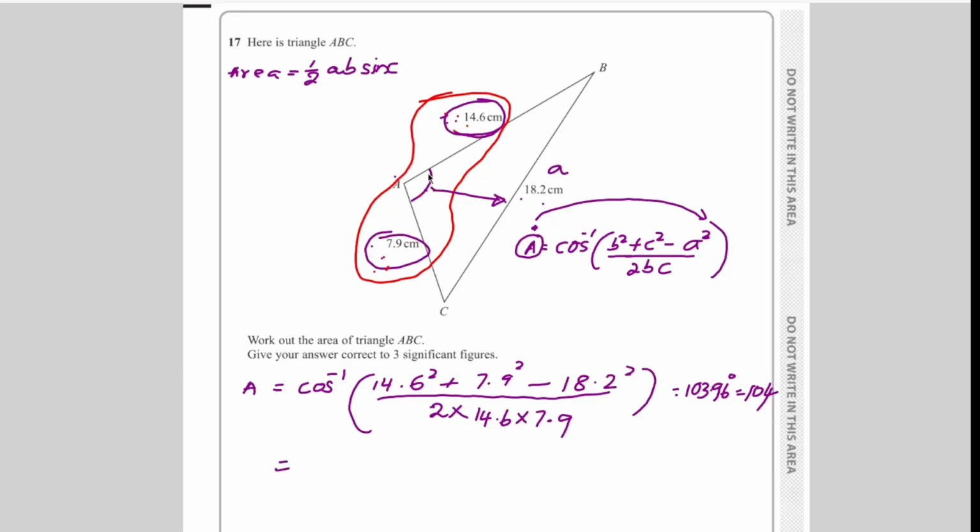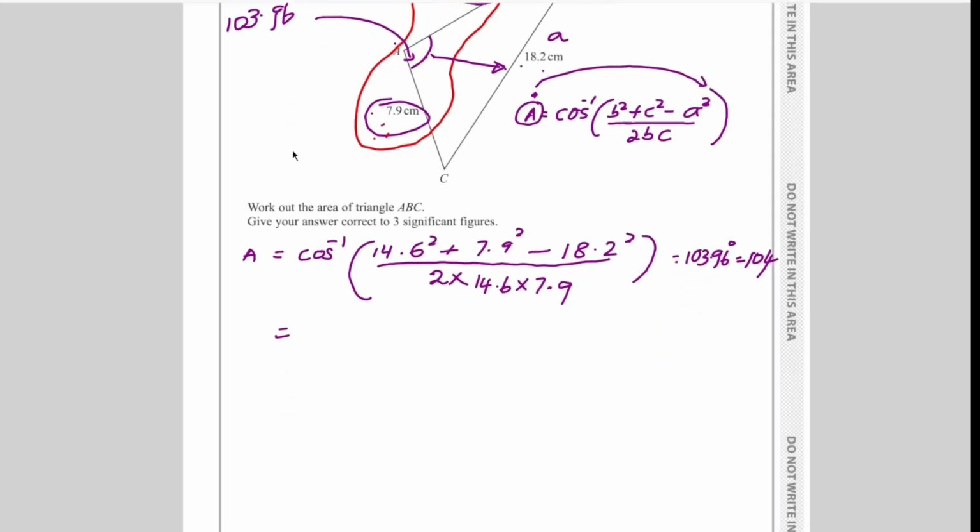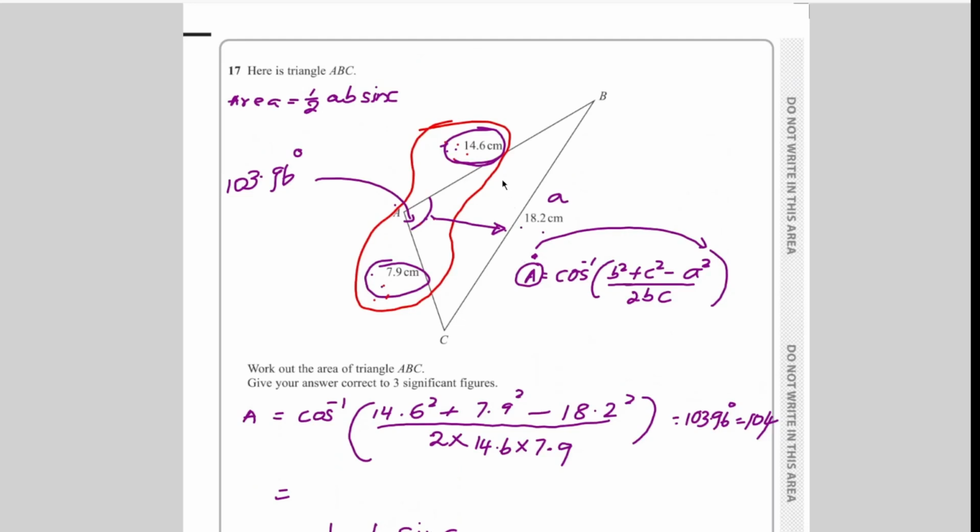Since we have this angle, which is 103.96 degrees, now we can get the area of the triangle. So area equals half AB sine C. So when applying half AB sine C, also same condition here.